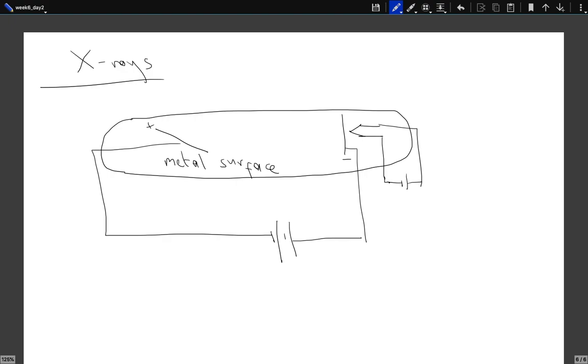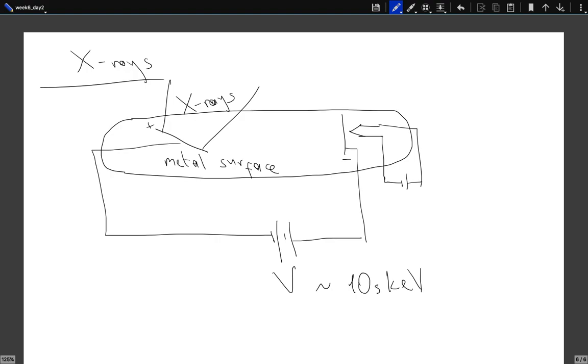When they reach the target surface, they will have energies. V is typically of the order of tens of kilo-electron volts. So when they reach the other surface, they will have this much energy, and they just emit electromagnetic radiation that we call X-rays.